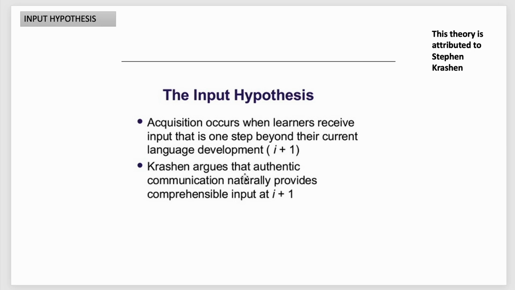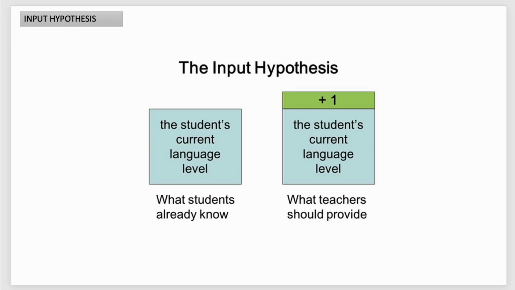So Krashen argues that authentic communication in the real world naturally provides input at I+1. The idea is that the current level, what the students already know, has to be challenged.